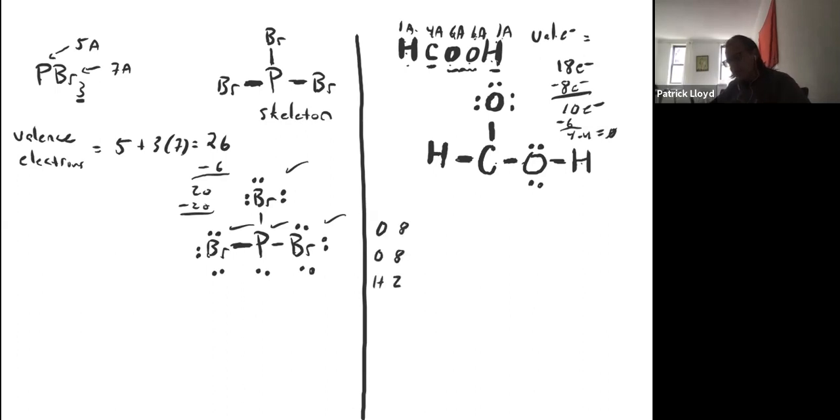Hydrogen has 2, duet, but carbon only has 6. So what do we do? Pick the surrounding atom that's attached to the carbon that has the most lone pairs. See how this one here has 3 lone pairs? This one only has 2. Pick the element that has the most lone pairs.